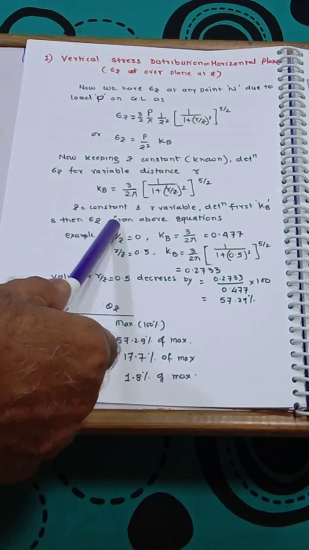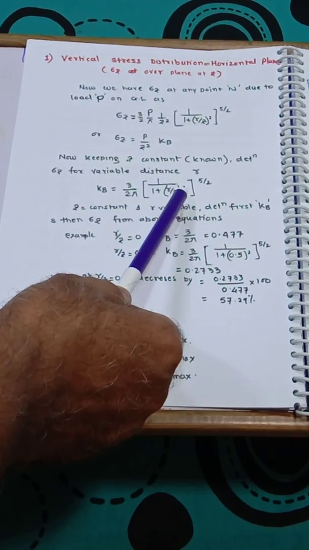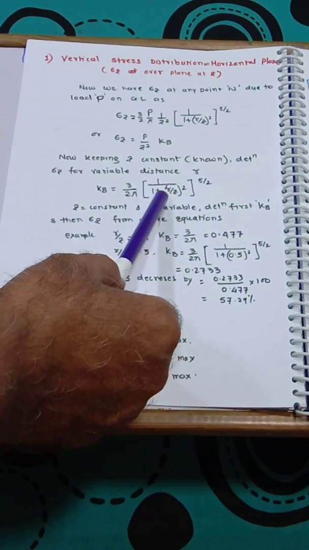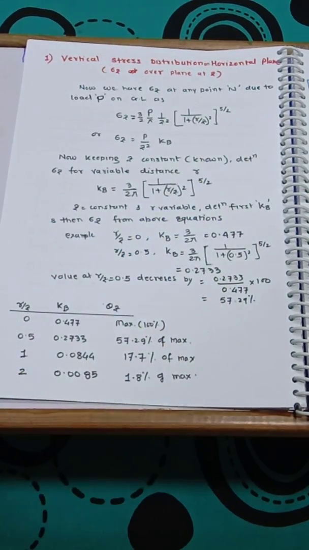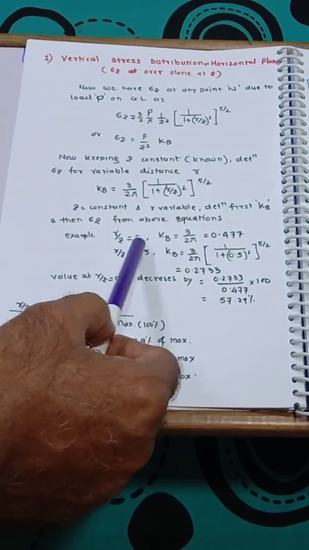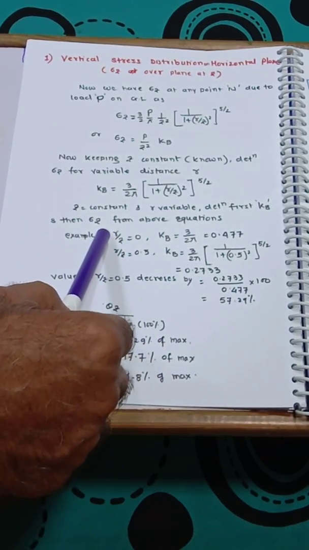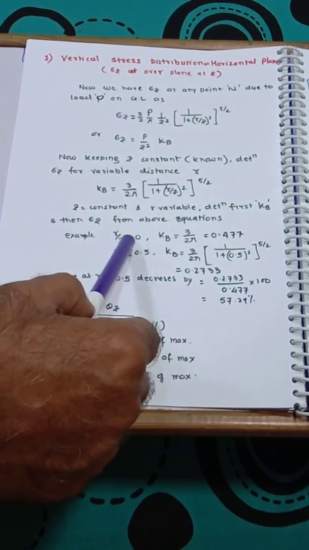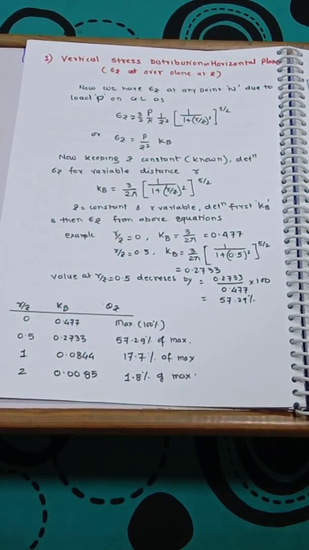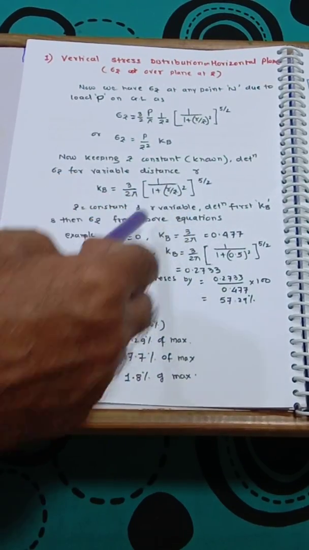So keeping z constant and r variable, for example, if I take r/z equal to 0, then the term is 1/(1 + 0). Suppose I put r equal to 0, so r/z is 0, with z a constant value, let us say unity.